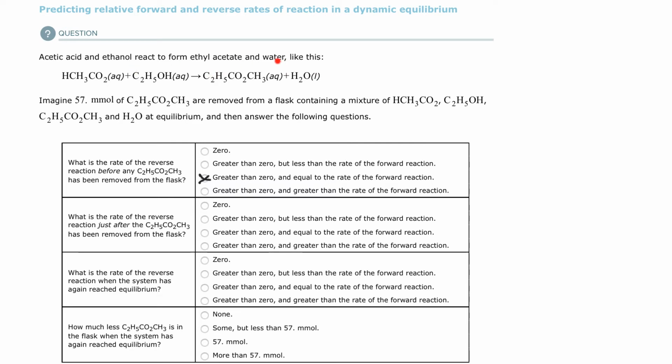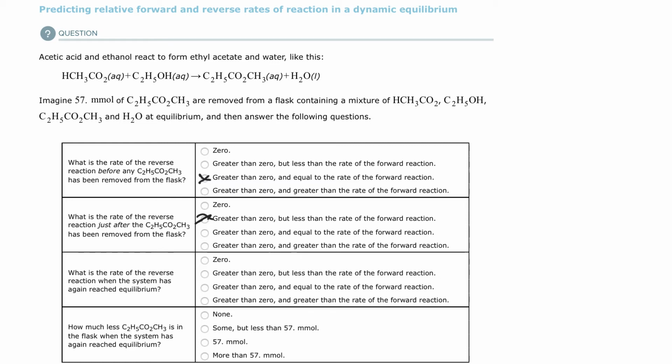That's what shifting to the right means, temporarily in order to reestablish equilibrium. Well, in that case, it's greater than zero, but less than the rate of forward reaction. Okay, because it's coming from reactants to products. So it has to be going slower than what's coming at it.